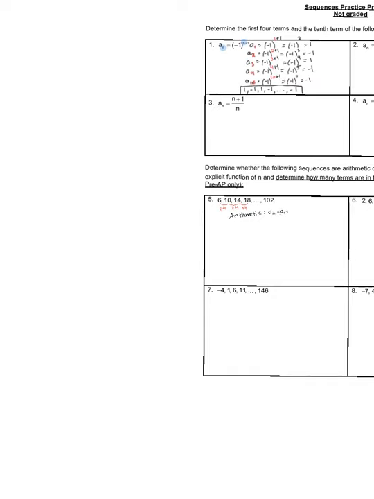You can look back at your notes for it. In this case, A1 is 6 because 6 is the first term, and our difference is 4. So you have A sub n equals A1, which is 6, plus D, which is 4, times n minus 1. And that would be your formula.